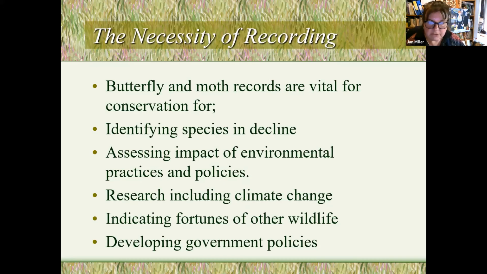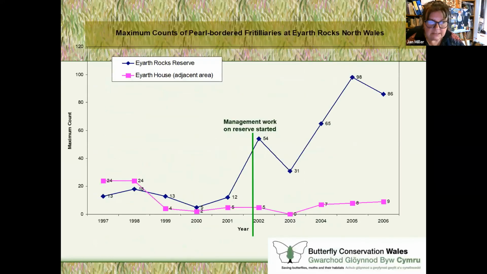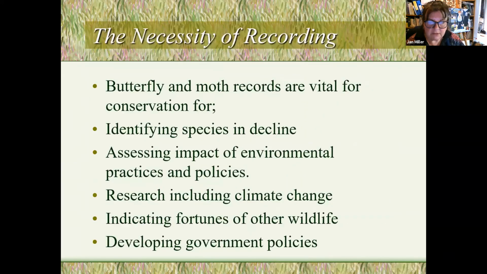It helps with research, including climate change, which I've mentioned already. It also indicates the fortunes of other wildlife because, of course, what the insects are doing affects what the birds are doing. If you're more interested in birds than you are in butterflies and moths, you might be interested in the fact that blue tits have to feed their chicks hundreds and hundreds of caterpillars. They feed them on that.